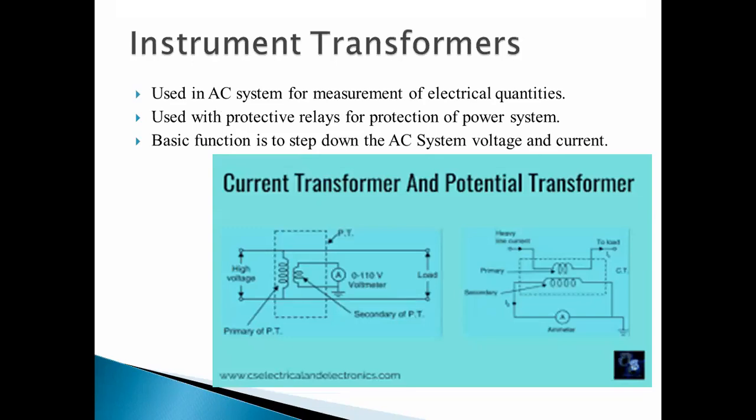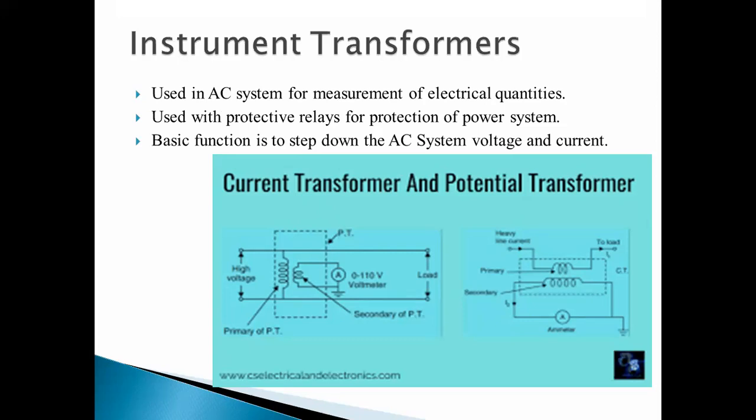Then we have seen the instrument transformers. All of you know about these. They are used to decrease the level of voltage or current. There are two types, the current transformer and the potential transformer.